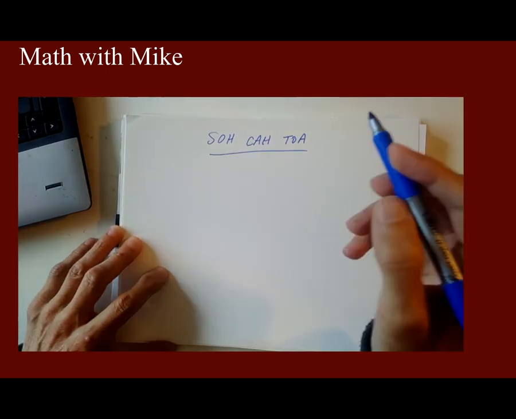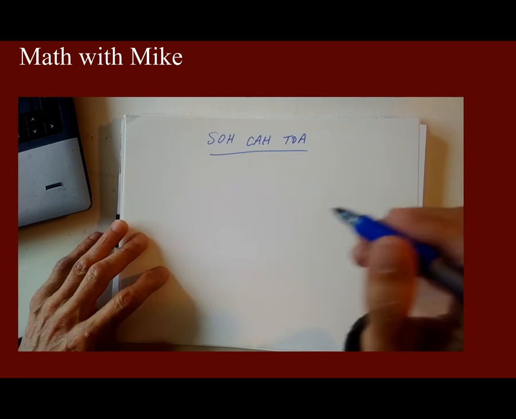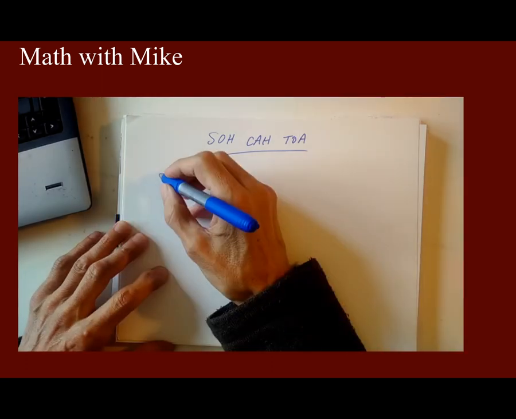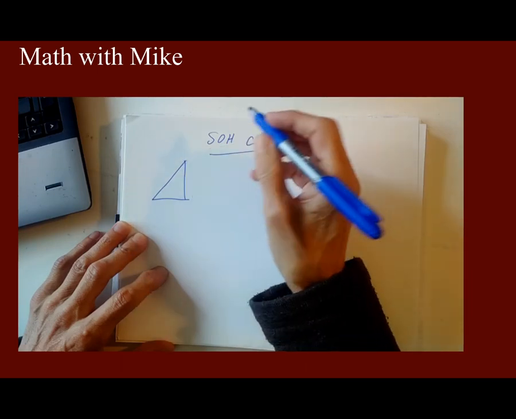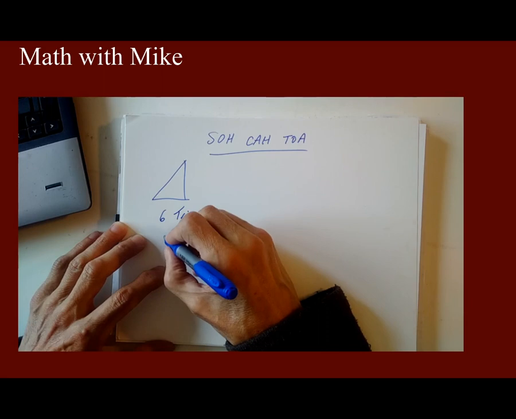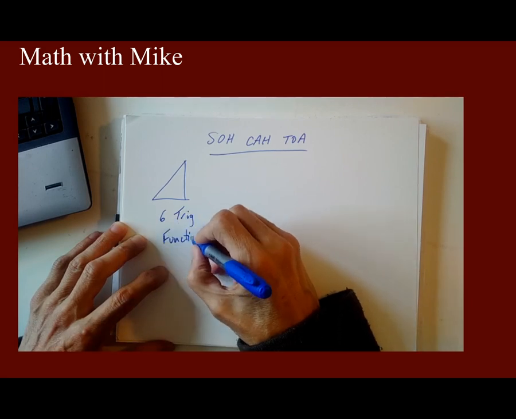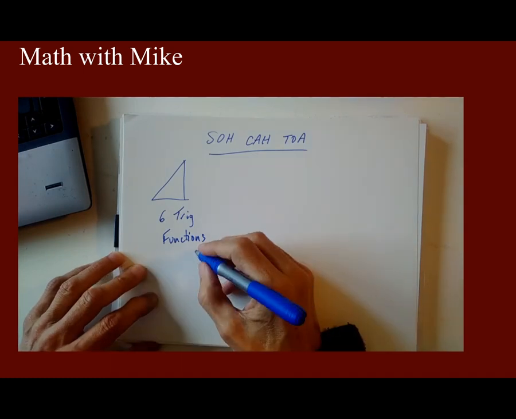So, what I'd like to remind you is that we get from each triangle 1, 2, 3, 4, 5, 6 trig functions. And we listed them the other day, or in the earlier video.